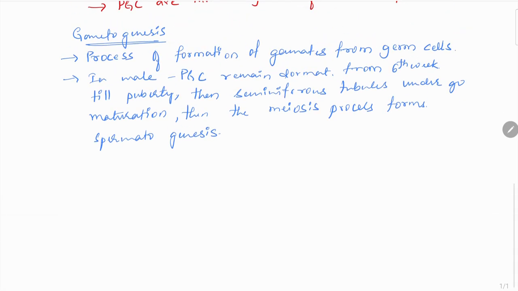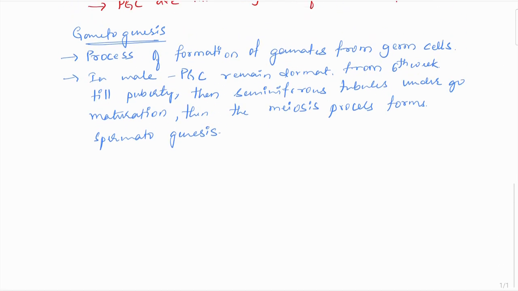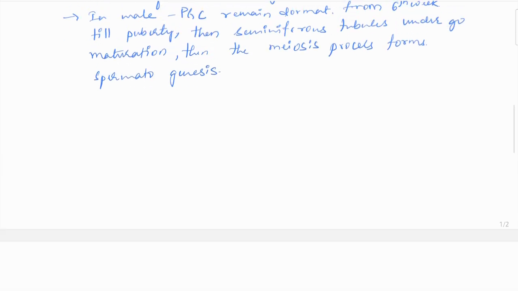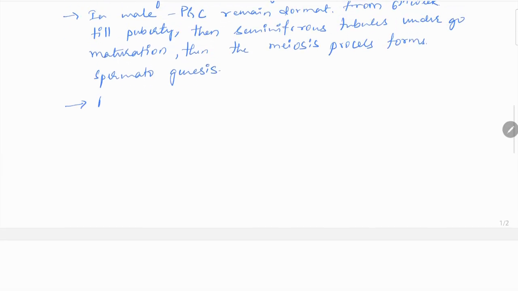What about in female? In females the case is different. In females, PGCs differentiate to form oogonia first, in the 5th month. They start migrating in the 4th week and reach the ovary by the 6th week.